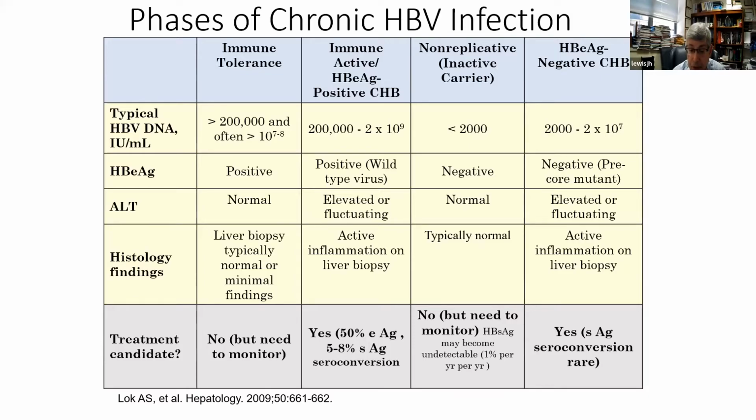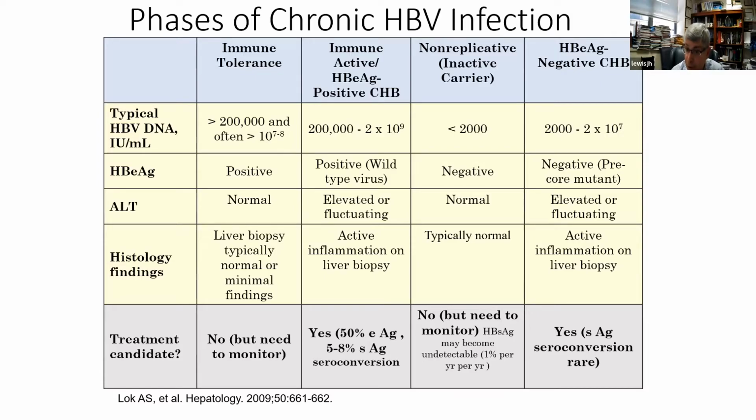And these are patients who are good candidates and need to be treated. What we look for is a reversal of that e-antigen positivity. If we can seroconvert them, then they go into the inactive carrier state, which is the next one over.